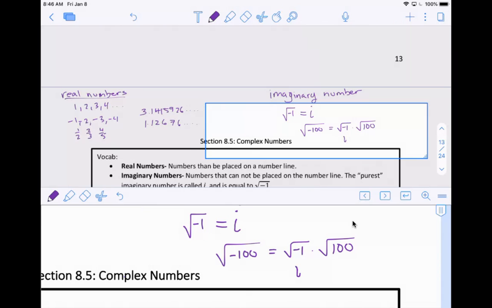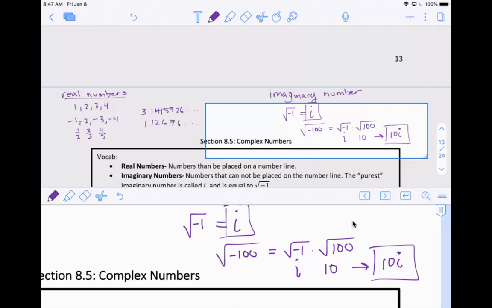Then I've got that one imaginary number and a 10, a positive 10 now, and we get 10i as the square root of -100. It still doesn't exist. That is still not a real number. It's still not able to be plotted on a number graph. I can't put 10i on a number line, but I can write it now. Okay, so there's really only one imaginary number, but you can adapt it to any of the real numbers and create basically a whole other number set.